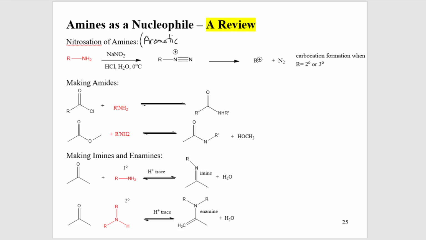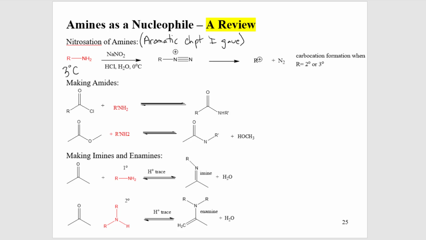So here it is. The aromatic chapter notes I gave had this nitrosation where R was actually a benzene ring. But R doesn't have to be a benzene ring. R could be a tertiary carbon.